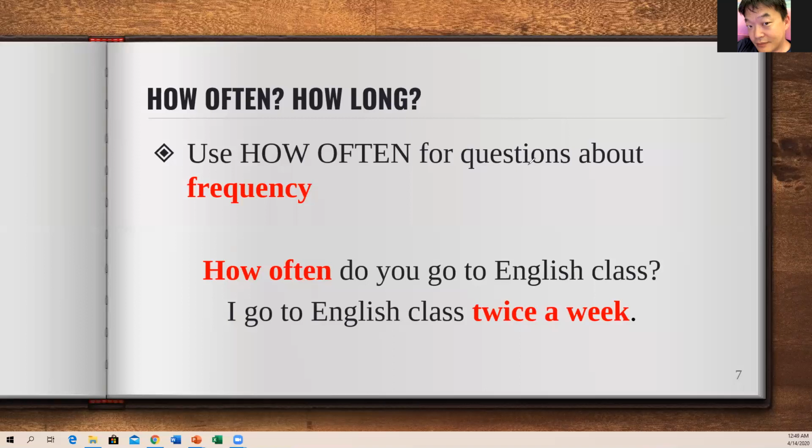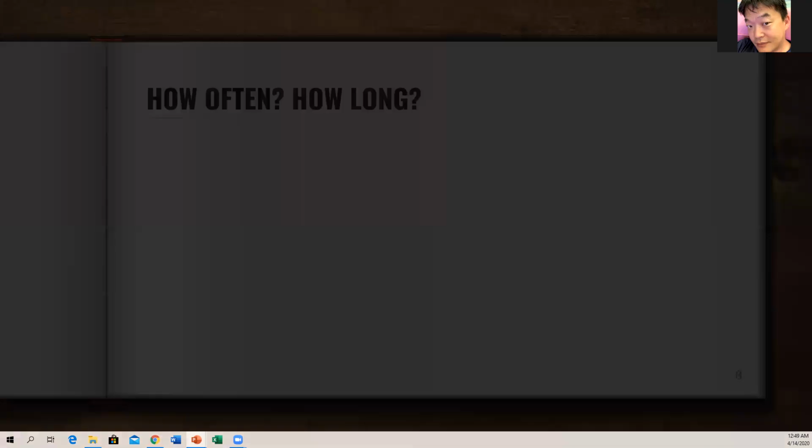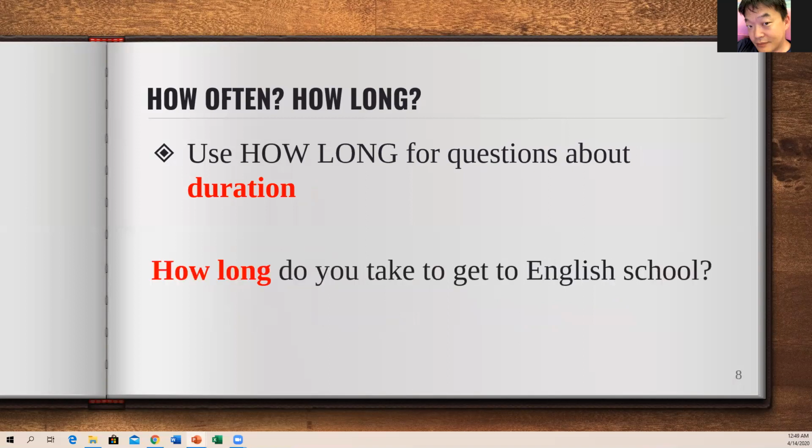And the same happens with how long. The difference is that how often you use for frequency, and how long you use for duration. How often, the time phrases that you can use are every 30 minutes, every day, once a week, okay? But talking about how long, as I said, it's for duration.